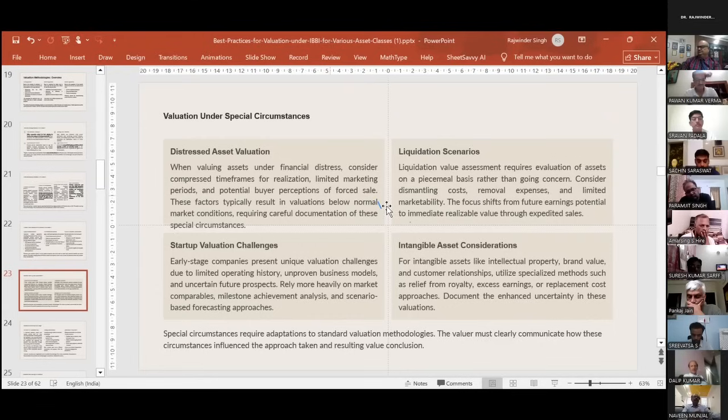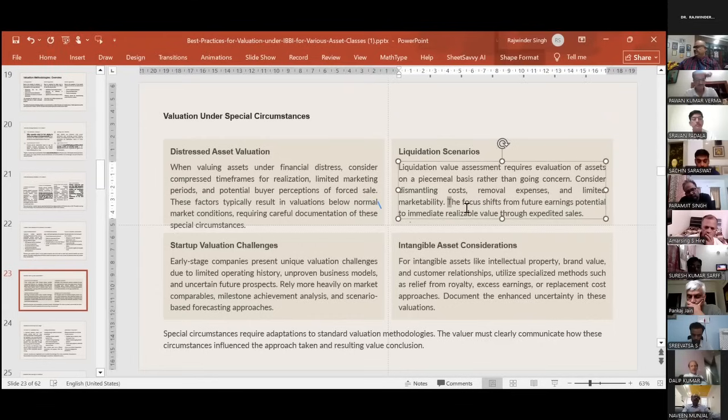So this is important. Under liquidation, the focus of the valuation shifts from future earning potential to immediate realizable value through expedited sales.